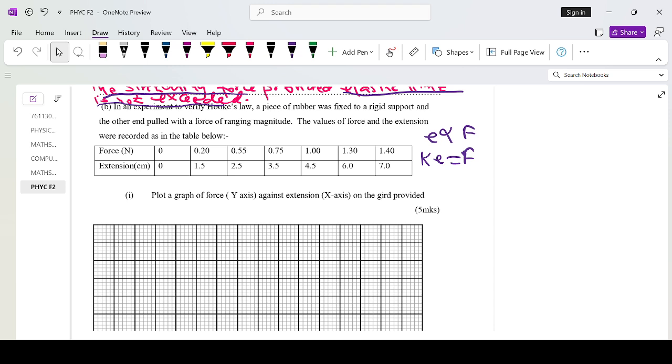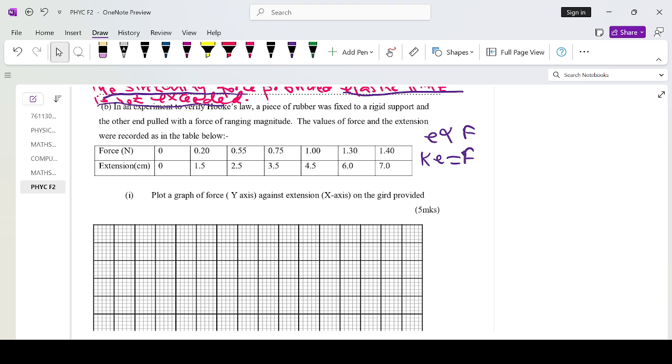We are going to multiply those values by 10, such that the lowest value will be 0 and the highest value will be 14. At least you can now do the plotting.